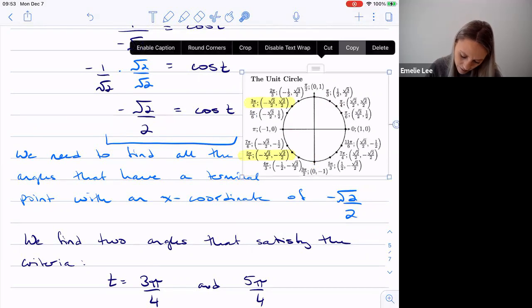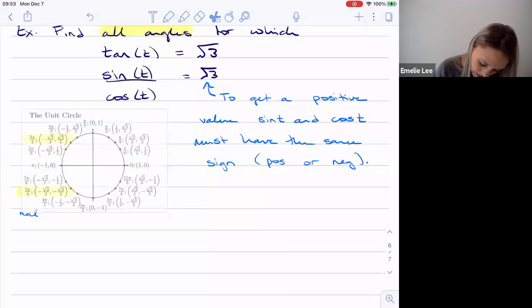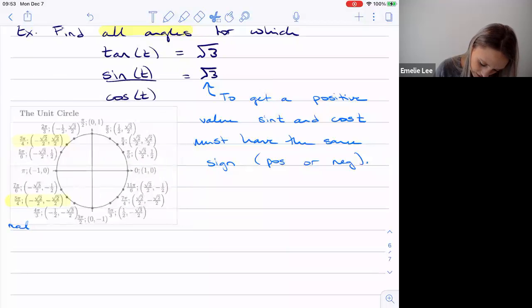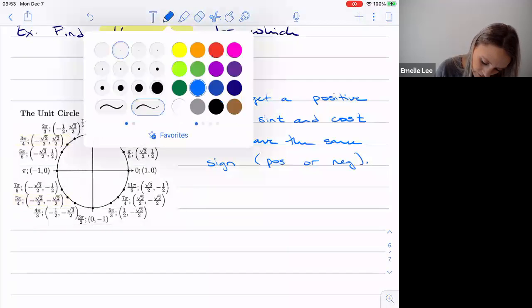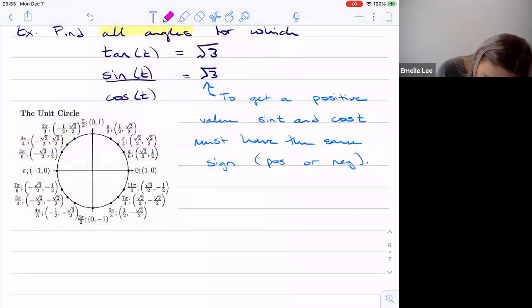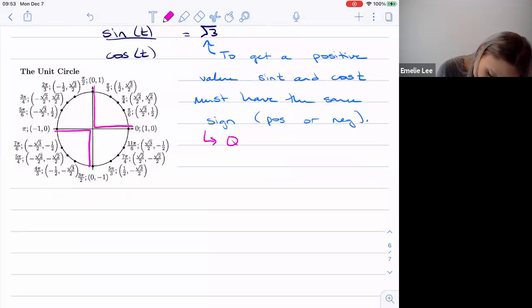So here, I'm going to copy this guy in again, mostly because we need to be able to refer to it. So here, quadrant 1 and quadrant 3, Q1 and Q3.